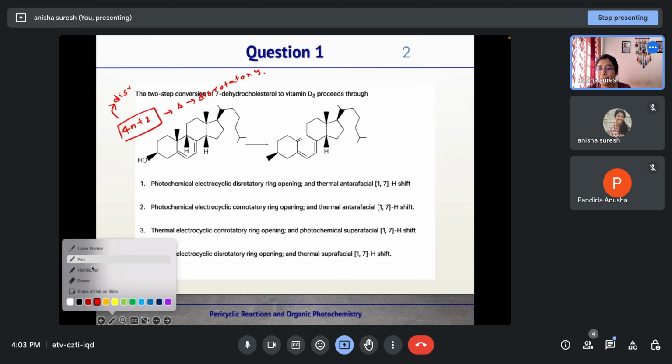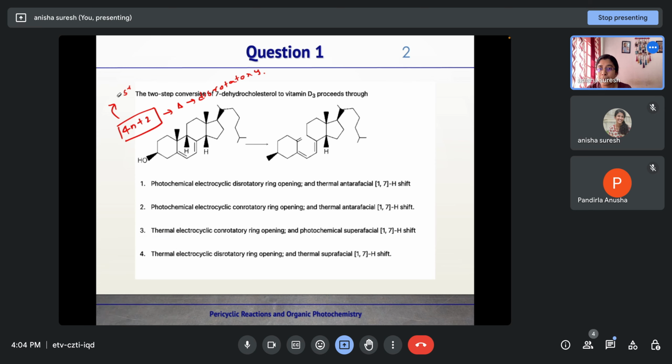If photochemical ring opening is taking place, it should be conrotatory. Sorry, it should be conrotatory.